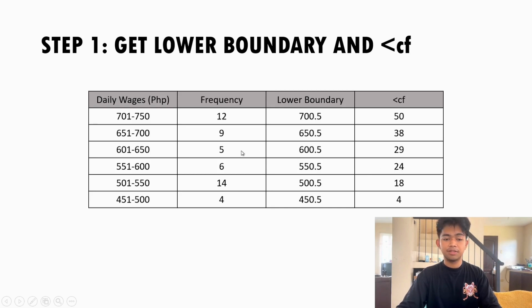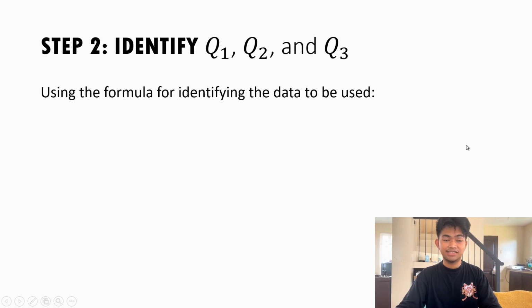Then 24 plus 5 equals 29. 29 plus 9 equals 38. And last but not least, 38 plus 12 is equal to 50. Now 50 is our total frequency. Okay? So that is how easily you can get the cumulative frequency. You just need to add the frequencies. Okay? So next is step 2.